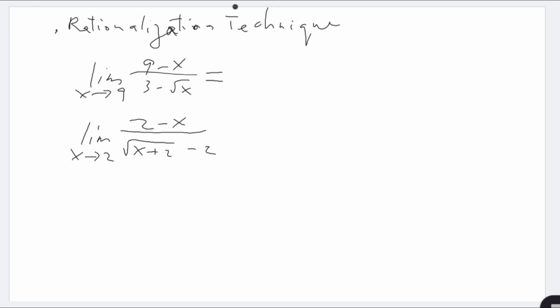All right. So how do we rationalize? We multiply by the conjugate of the radical expression. So the conjugate of 3 minus square root of x is 3 plus. It's always plus and minus conjugates of each other, right? If you have a minus involving a radical, the conjugate is plus. If you have a plus, the conjugate of that expression is minus.